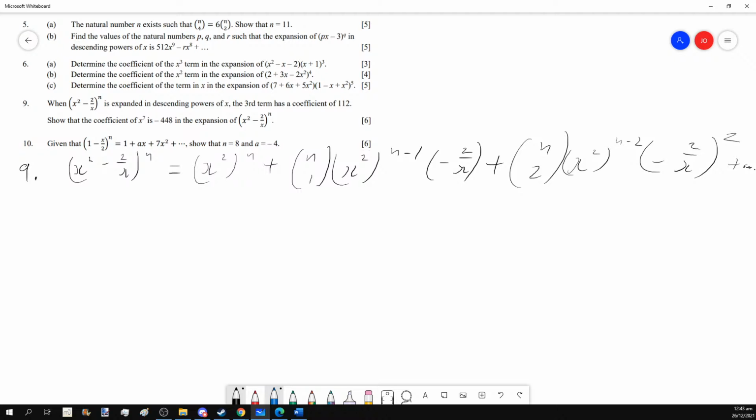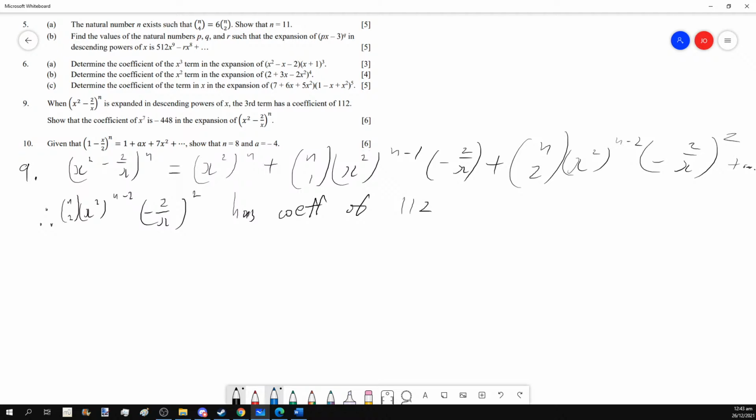So from here, they say that the third object, the third term, has a coefficient of 112, which means that, therefore, the third object, n choose 2, x squared to the power n minus 2, negative 2 over x, squared, has a coefficient of 112.